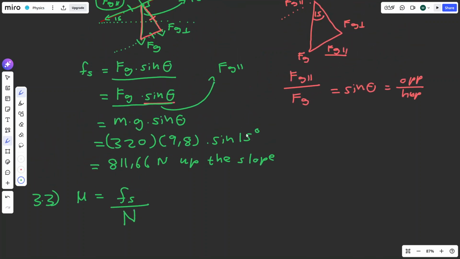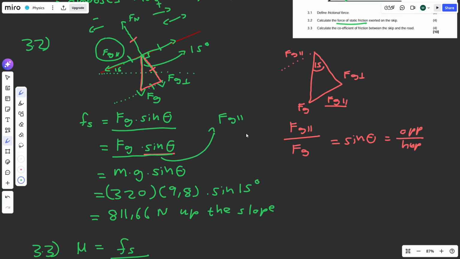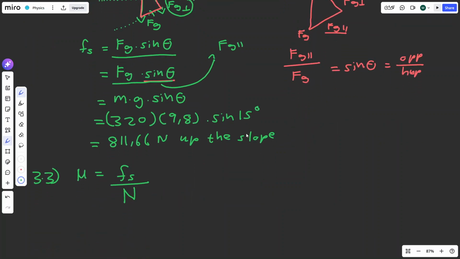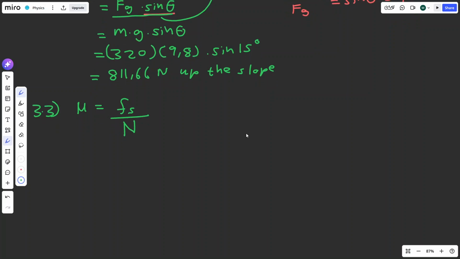If you can recall, the normal force and the force of gravity perpendicular to the plane are equal in magnitude but opposite in direction. So I'll just note down here that the normal force is equal to Fg perpendicular.